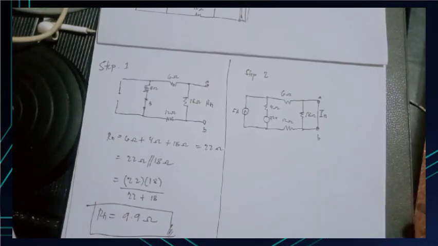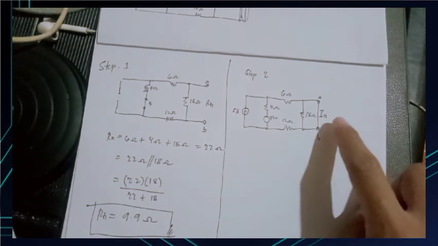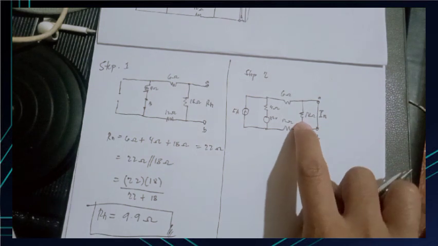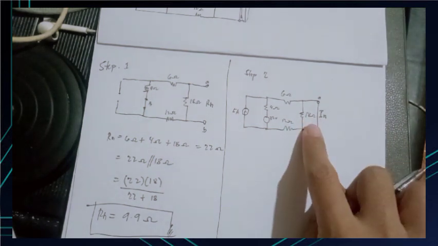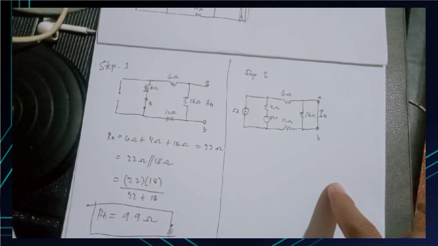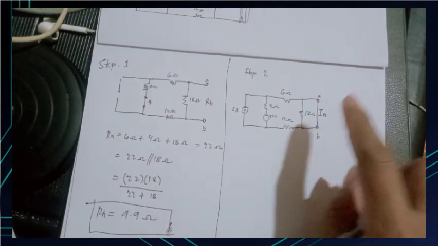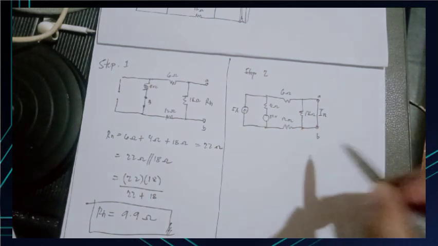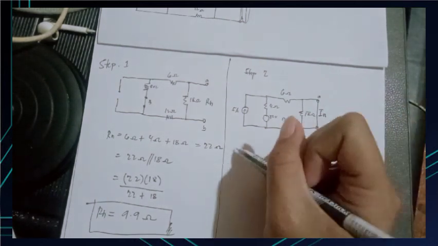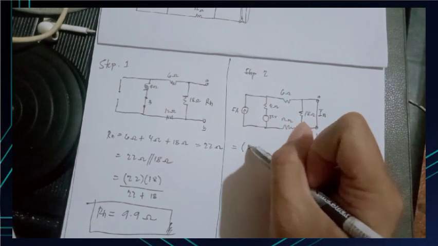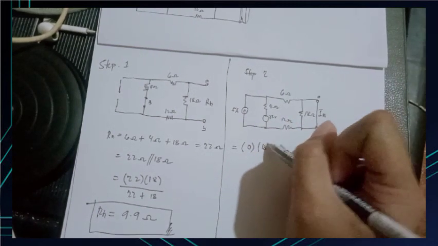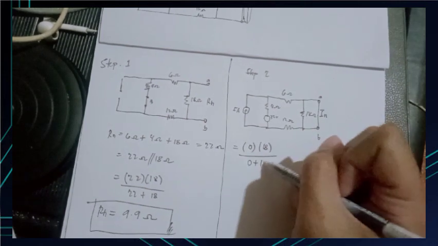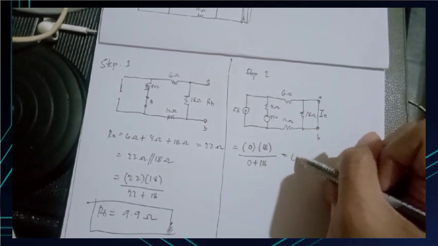Okay? So, ang next natin ngayon is, ang IN natin is, parang siya kay 18 ohms, kung mapapansin nyo. So, ang gagawin natin ngayon, dahil ang IN natin is nakaparallel sa short, magiging 0 na siya. So, bakit naging 0? Paano? Ganito yan. So, in parallel, 0 ohms plus 18 is equals to 0.